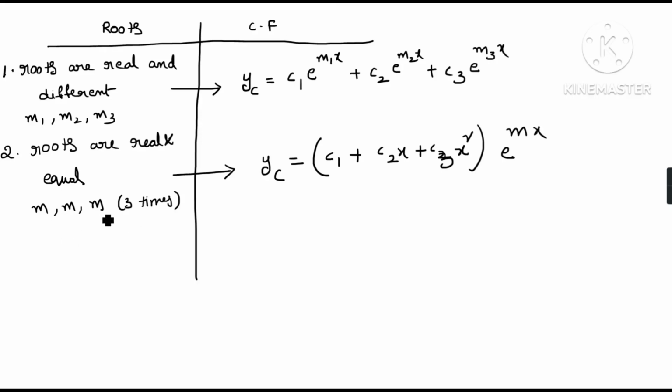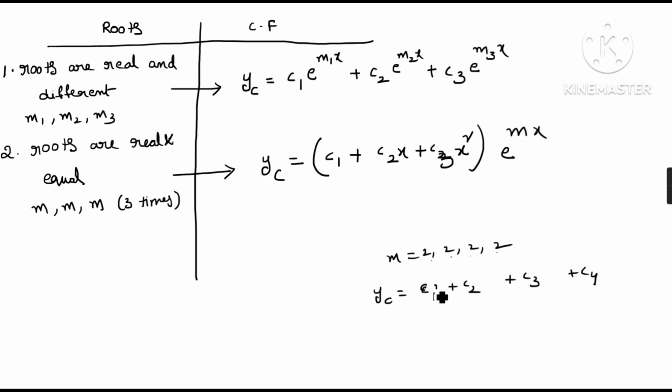If the roots are equal and repeating four times, for example I get m as 2, 2, 2, 2, four times repeating. So for Yc, there are four roots, so you have to take four arbitrary constants C1, C2, C3 and C4.